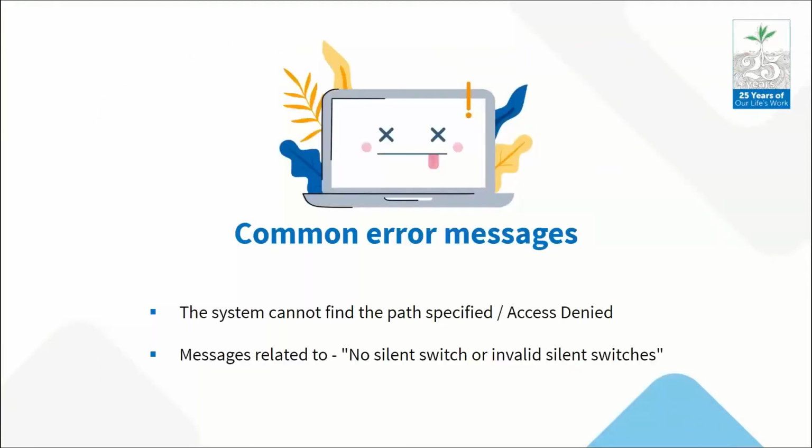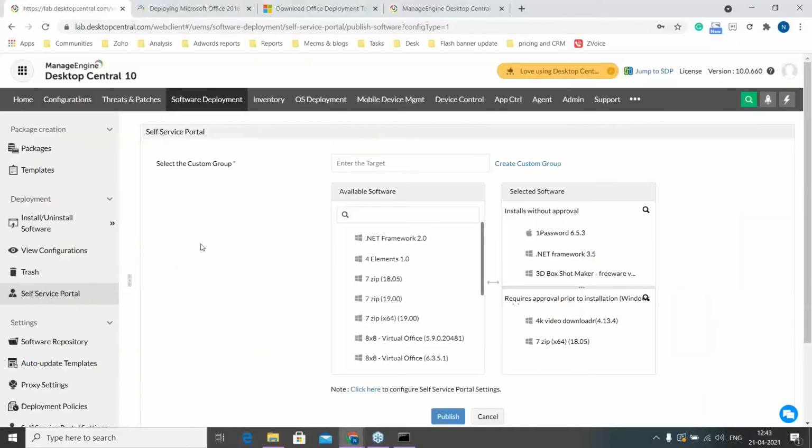Now let us check a few common error messages that one might get while creating application packages. System cannot find the path specified, or access denied, or issues related to silent switches. Now, for this problem to be completely eliminated, the process is very simple.